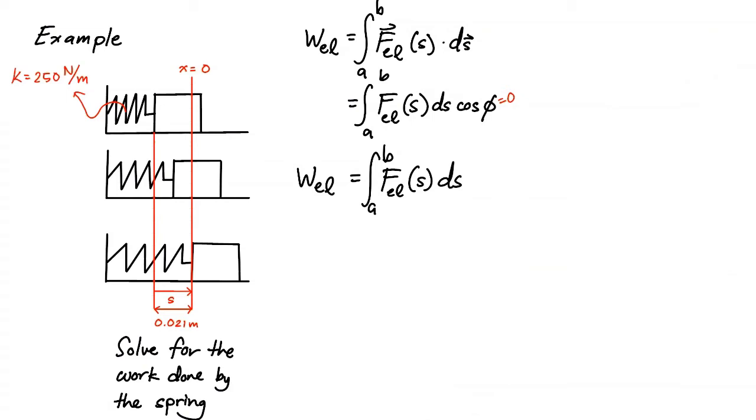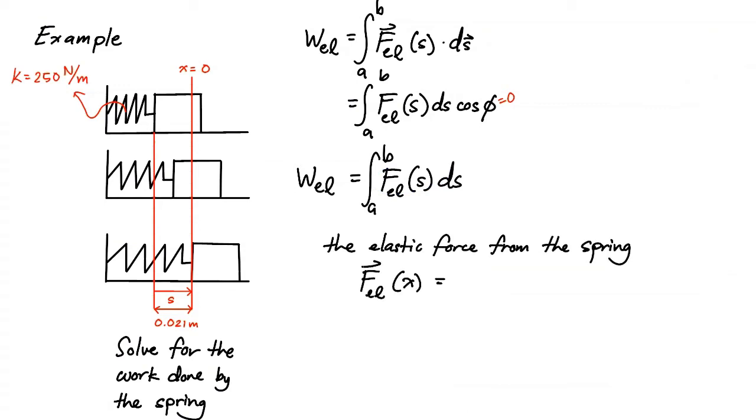Now, yung magnitude ng ating elastic force is given by this equation. That is negative kx. By the way, yung negative na ito doesn't mean that our magnitude is negative, pero it only means that the direction is opposite dun sa direction nung compression niya or stretching nung ating spring.